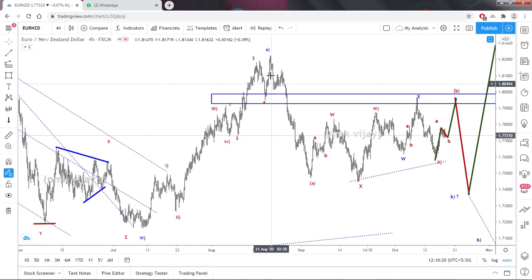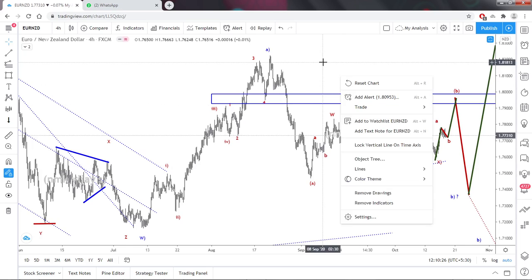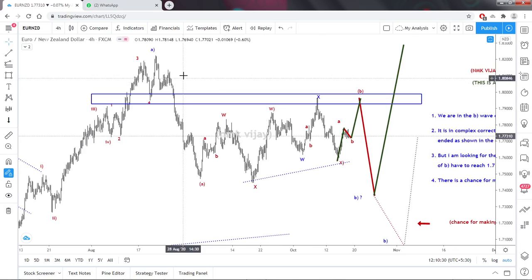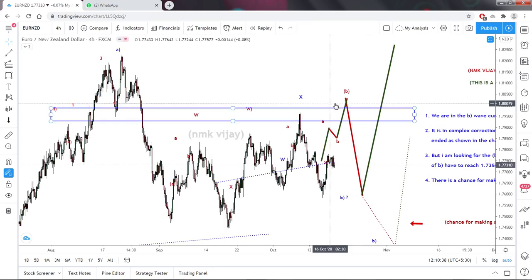If it is a zigzag, it won't be this kind of 5-wave structure up to 80%, what I said in that set in the DXY, like that. It already did the 5-wave structure here, and we are in the B wave. B wave is a more complex correction. Here also a 3-wave structure, and here also a 3-wave structure. Everything is in 3-wave structure.